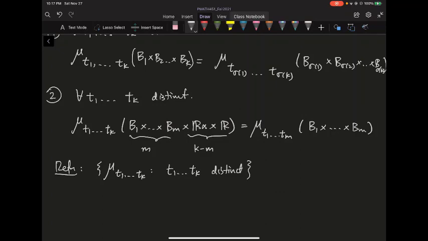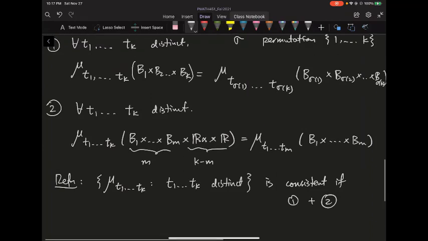This family, we call consistent if conditions 1 and 2 hold. Basically, I want to show that if you have consistent measures, then you have a unique stochastic process that satisfies these joint distributions.